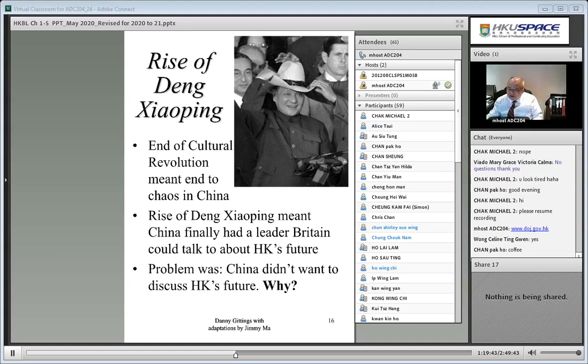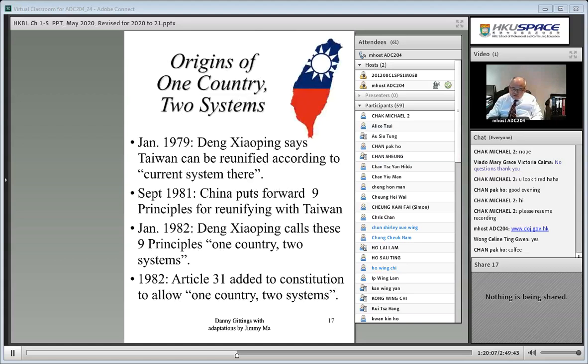In any event, China at that time was recovering from the Cultural Revolution and was just about to start its open door policy. So Hong Kong still remained as a useful window for mainland China to the rest of the world.